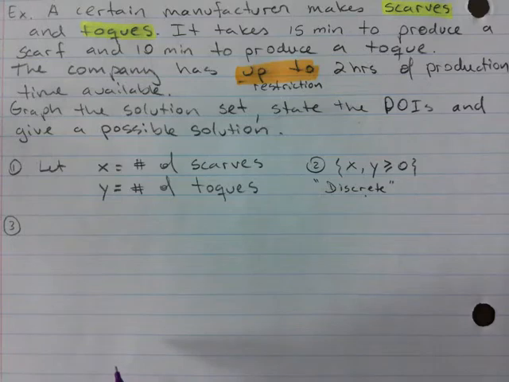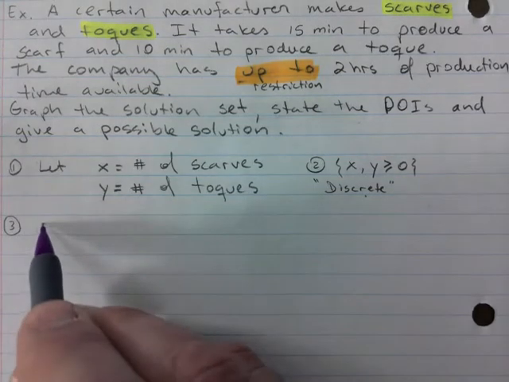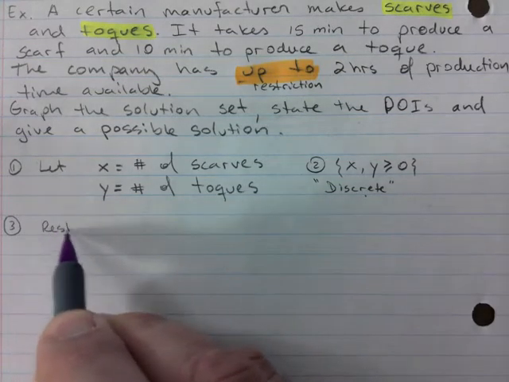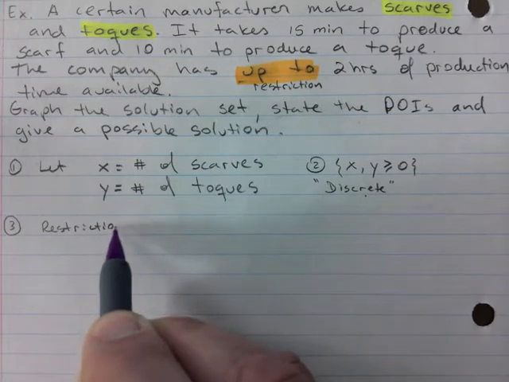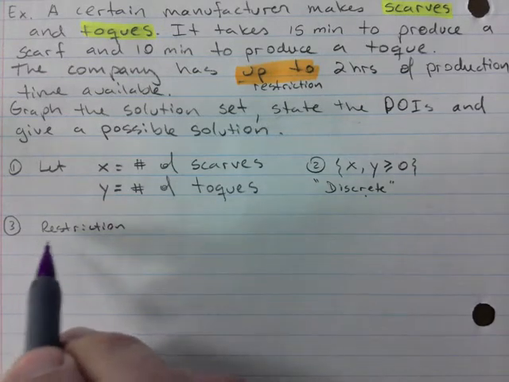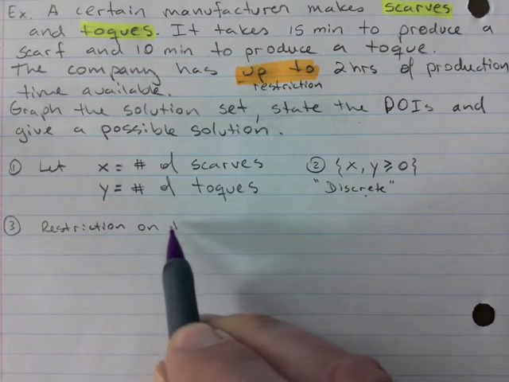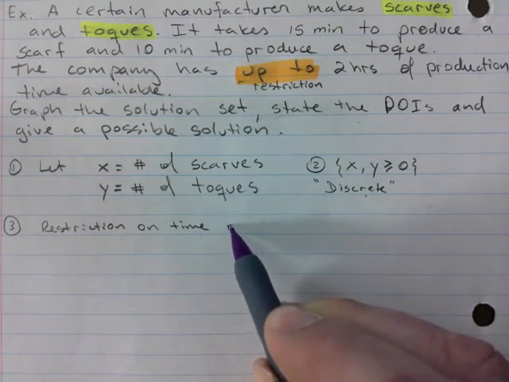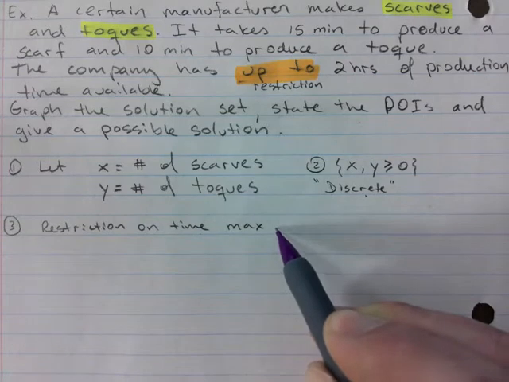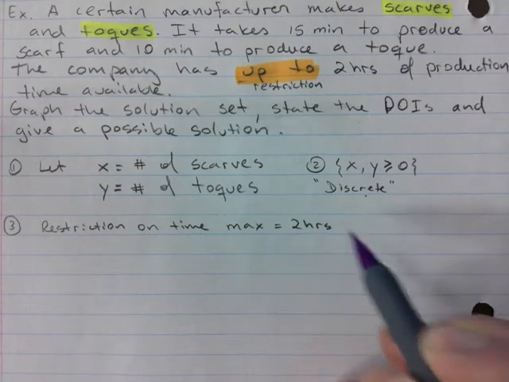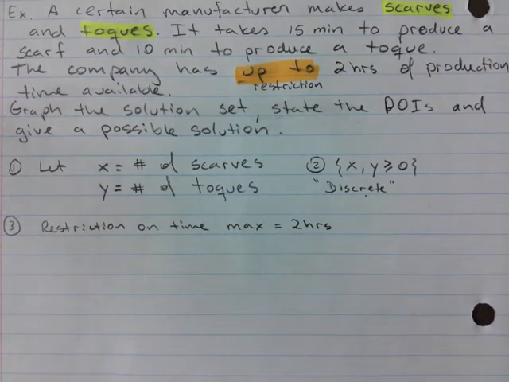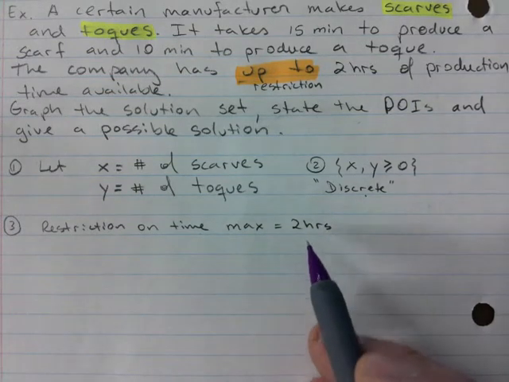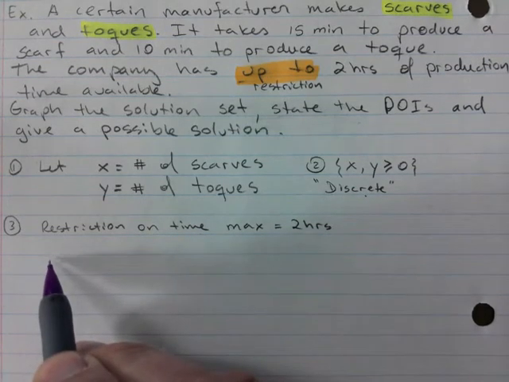So what I'm going to do here is this, right? There's a restriction. You won't do this down the road, but right now, restriction on time, right? Up to, you can also say maximum 2 hours available. You should be comfortable switching it up, saying up to, it's also max of 2 hours. So we will say this.